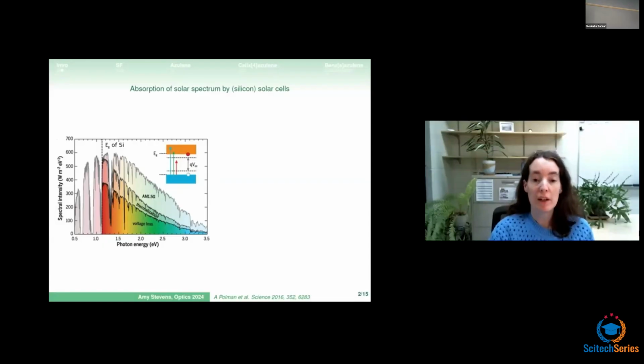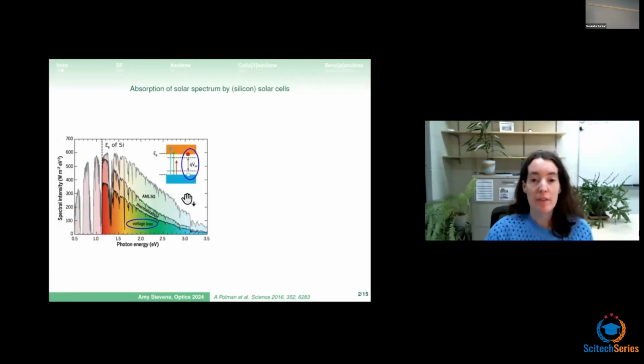You lose quite a lot of energy. Firstly, photons that do not have enough energy are not absorbed. So all these photons with energies less than the band gap are completely lost. Even if you have photons that are above the band gap of your solar cell, you will lose some energy due to thermalization.